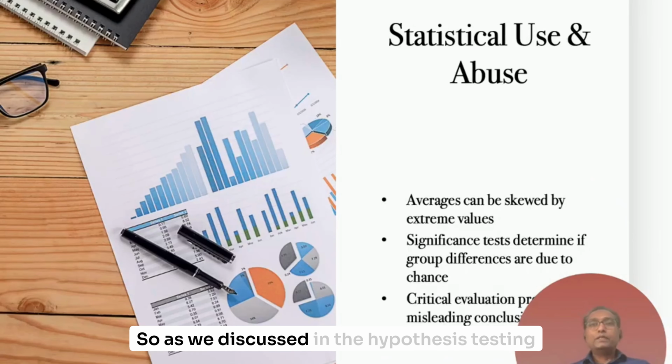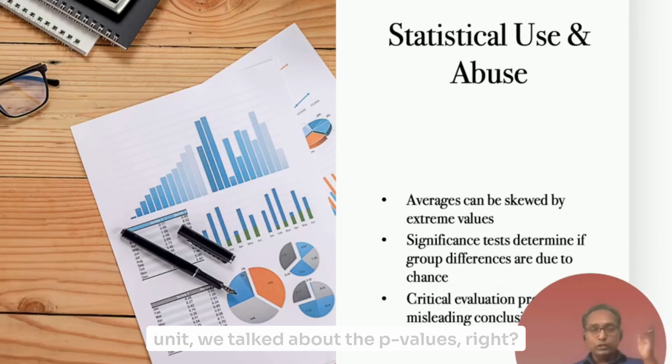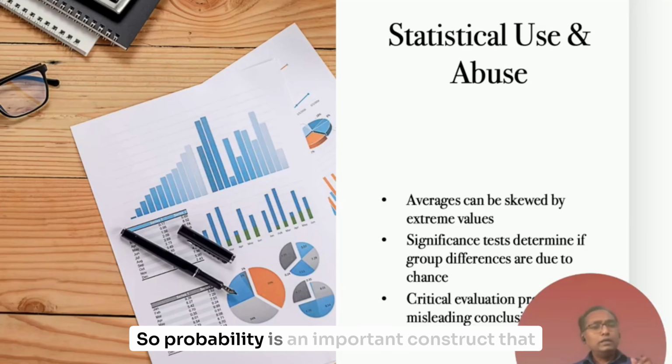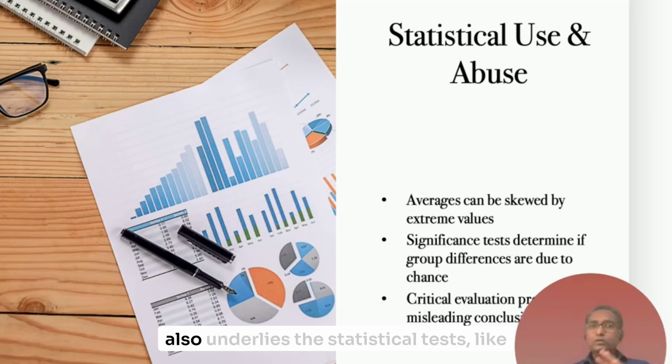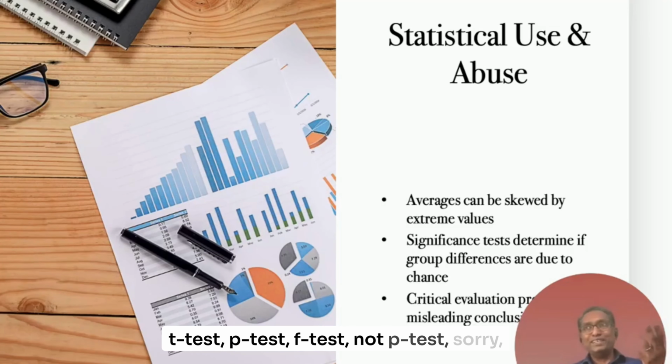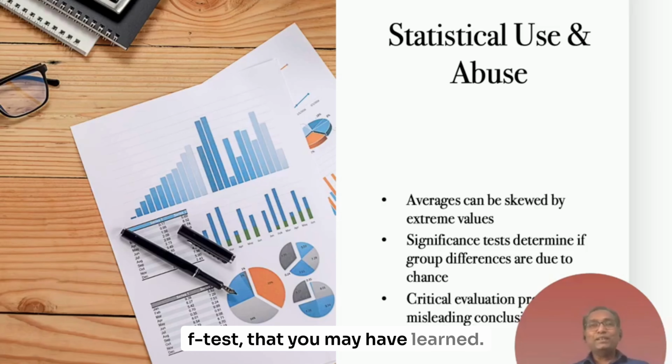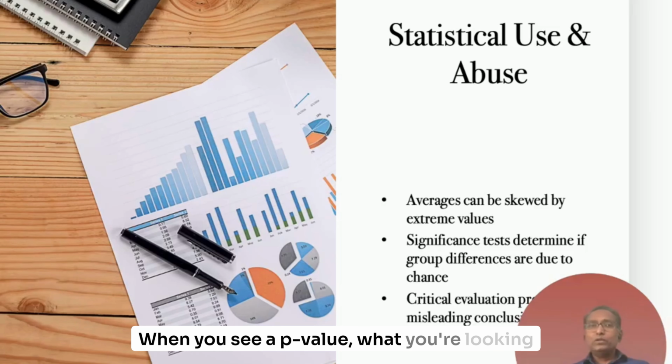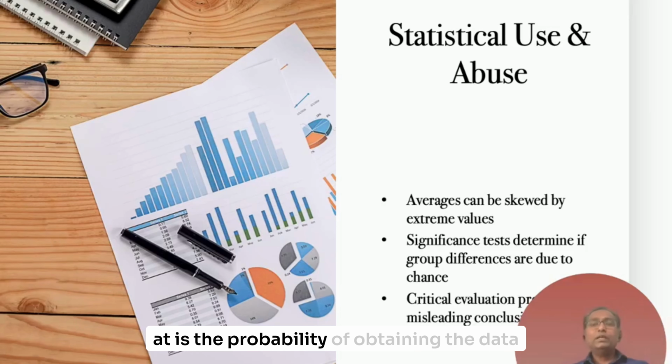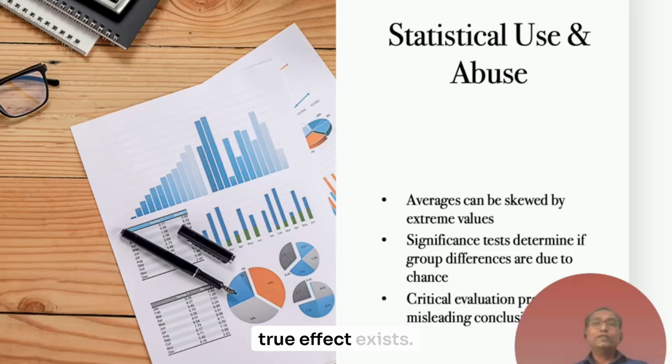So as we discussed in the hypothesis testing unit, we talked about the p-values, right? Probability is an important construct that also underlies the statistical tests like t-test, f-test, that you may have learned. When you see a p-value, what you're looking at is the probability of obtaining data at least as extreme as yours, assuming no true effect exists.